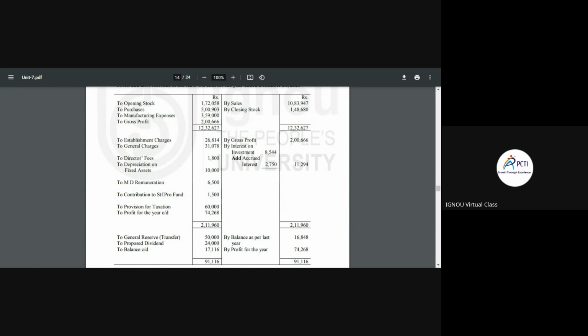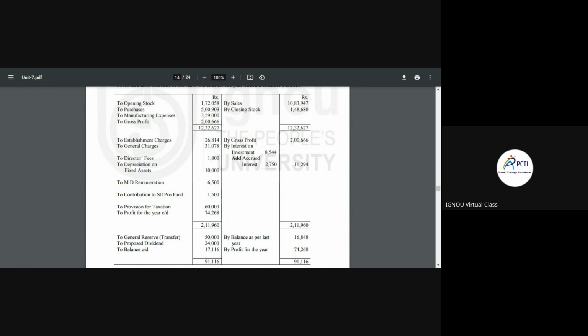We have opening stock, then we add purchases and manufacturing expenses, and on the right side we have sales and closing stock. After balancing both sides, we get a gross profit of rupees 2,666,000.